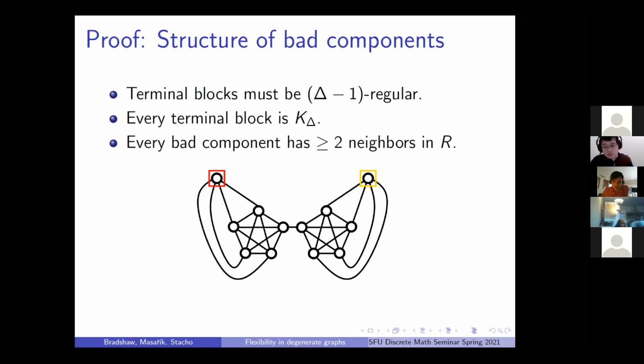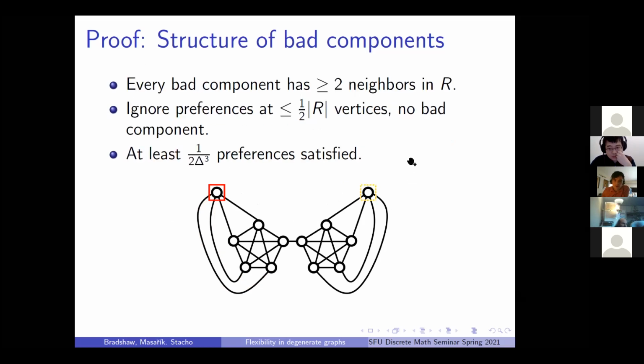We can ask what would happen if we went back in time and we took this vertex here and we forgot that it was in R. That is, we retroactively go back in time and remove this vertex from R. We can ask what would happen then.